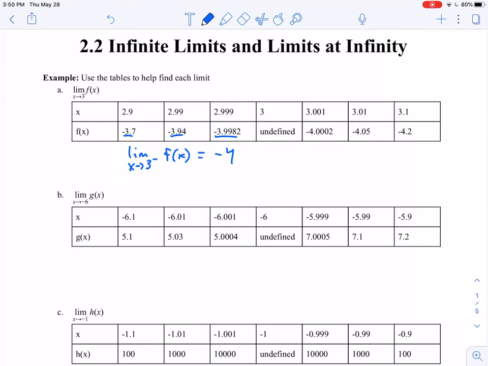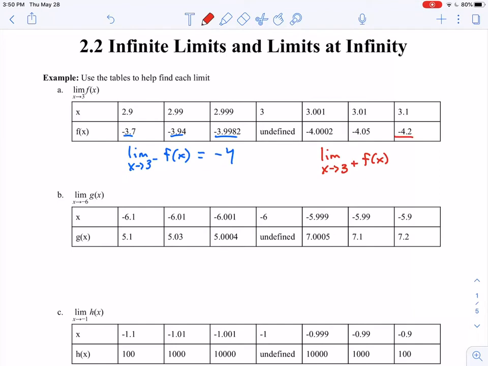For the other side, let's do that in red here. The limit as x approaches 3 from the right-hand side of our function f of x. So notice that all of these x values are greater than 3. Those are all on the right-hand side of 3. So here I want to pay attention to my y values again.